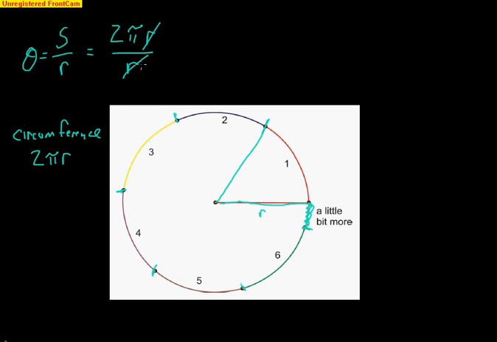R could be 5 inches or 5 miles or 7 centimeters, whatever those numbers are, it's going to be in the numerator and denominator, so it cancels out, and you get 2 pi radians in one full circle, regardless of the radius. 2 pi radians. Technically, radians have no units. We call them radians, but circumference is measured in distance, say inches, and radius is measured in the same thing, so the units cancel. That's why we just call them radians.